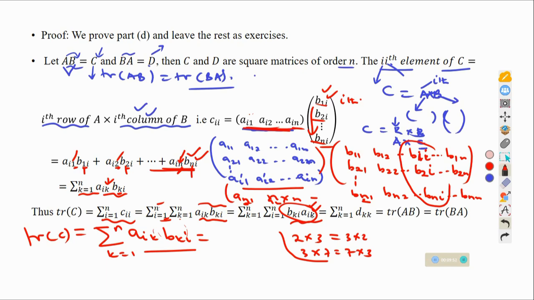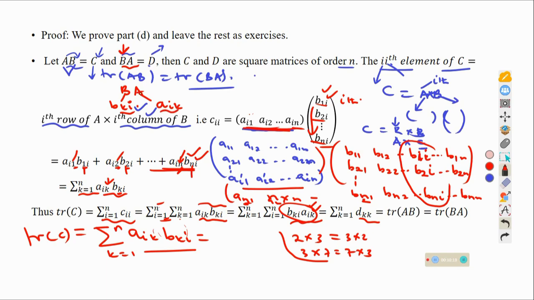This value is the value in the position d kk, because the matrix D is the matrix which is BA. In other words, when you have B times A, you are getting b ki times this one here, a ik.